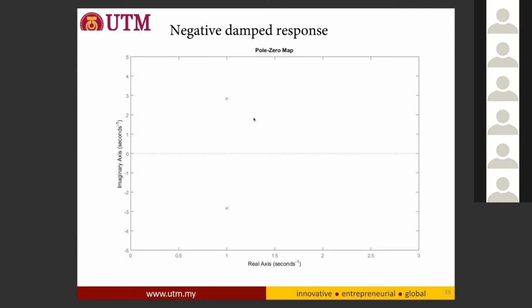Hafiz, Nazim? Negative 3j and plus 3j. You must understand how to read these pole-zero mappings, Hafiz. What is the poles value in this pole-zero mapping? One negative 3j, one positive 3j. Okay, so positive and negative j3.